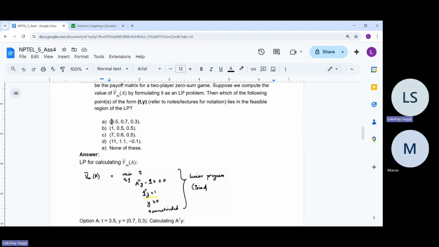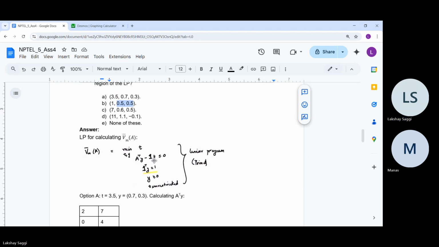So T refers to 3.5 and Y refers to the last two dimensions, 0.7 comma 0.3. Similarly, in option B, T equals 1 and Y is 0.5, comma 0.5, and so on. So we'll stick to option A for now, where T equals 3.5 and Y equals 0.7, comma 0.3.